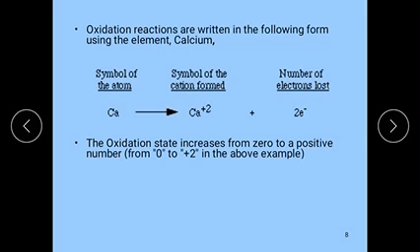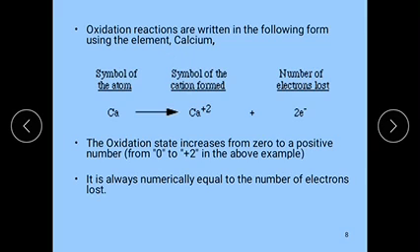The charge is always numerically equal to the number of electrons lost from an atom, and that charge is taken as the oxidation state.